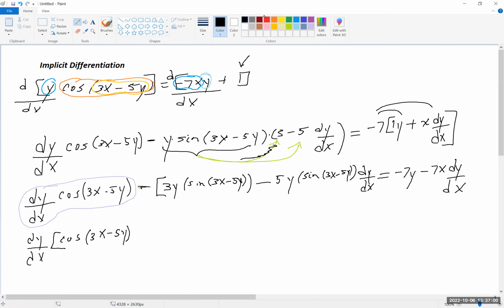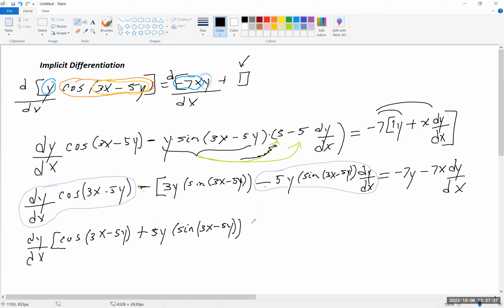And that's already on the left, but it's minus a minus, right? So that's going to be a plus 5y times the sine of 3x minus 5y. And I've already taken care of the dy dx because it's over here.